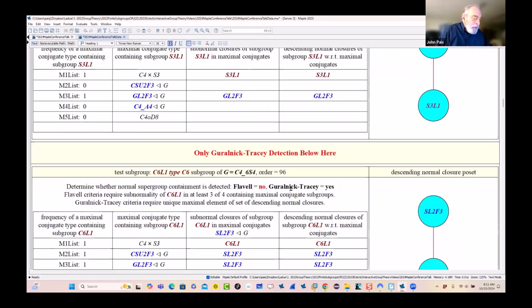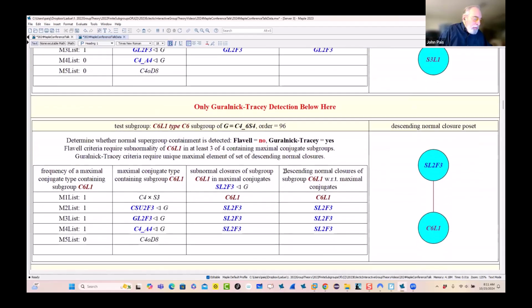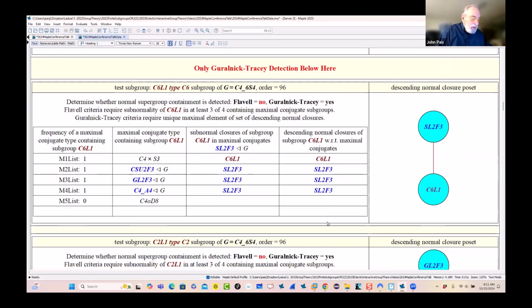Okay, so if you go to this example, effectively what we have here is the first situation in which Flavell doesn't hold, right? That's because of all these subgroups here, only one of them is subnormal in the containing maximal subgroup. These other three aren't. So Flavell fails here, but Guralnick-Tracey works.